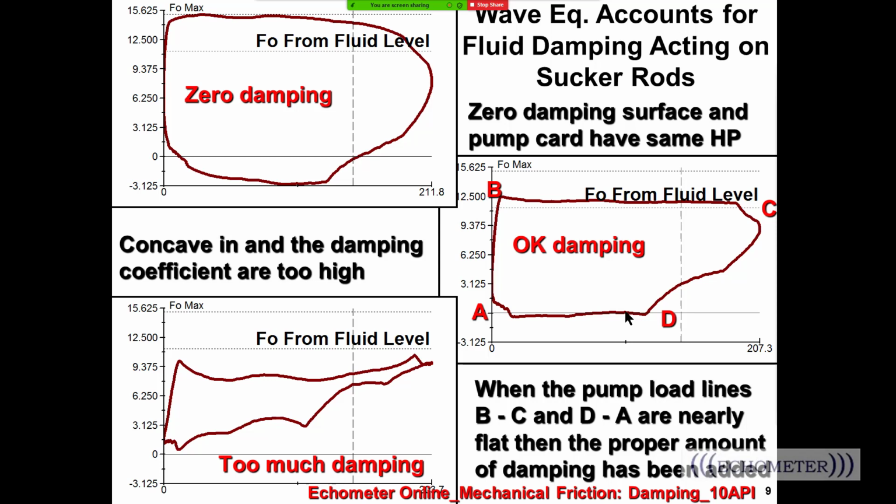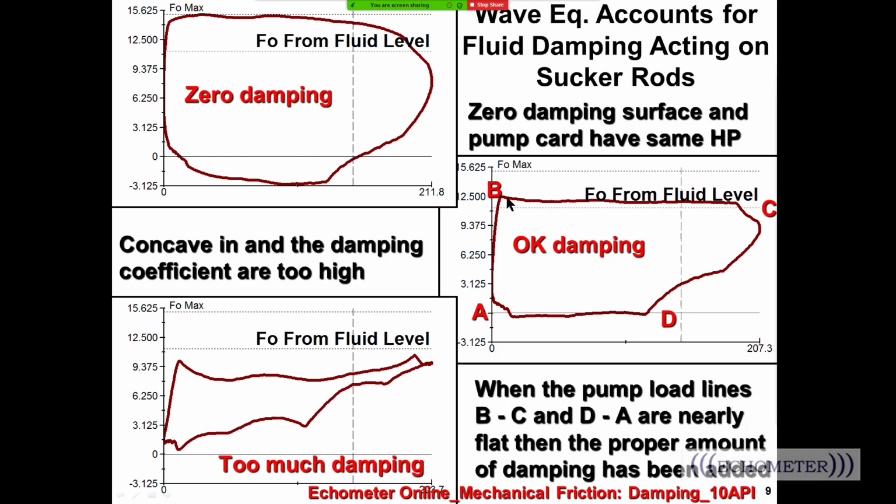Now, what does that mean, just right? Well, we're assuming that when we have a constant pressure on top of the plunger and a constant intake pressure on the bottom of the plunger times a constant area, the pump load that's being carried by the rods is going to be fairly flat or constant, because there's no change in the pressure above or below the plunger.